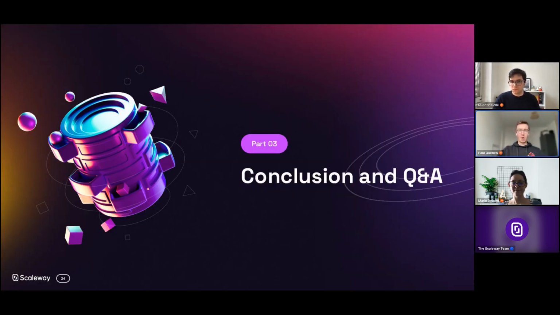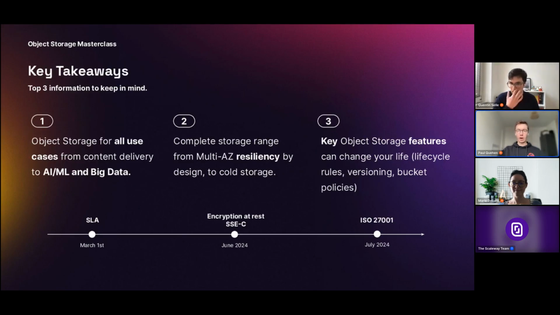So now let's jump to our conclusion and what are the things to remember with this webinar. So we have three pieces of information to keep in mind. Object storage is made for all use cases, from content delivery to the trendy AI, ML, and big data use cases.